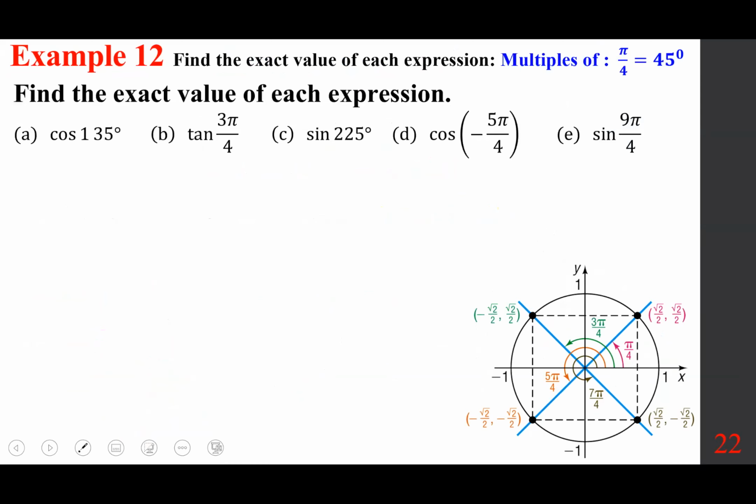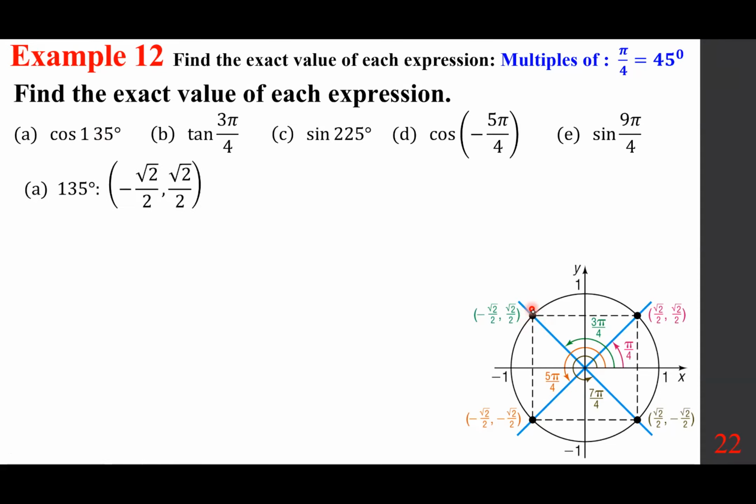Here's the last question. We want to find the exact values for those expressions, starting with cosine of 135. And by the way, 135 degrees is a multiple of pi over 4 or 45 degrees. 135 degrees puts us in the second quadrant, and it's right here.